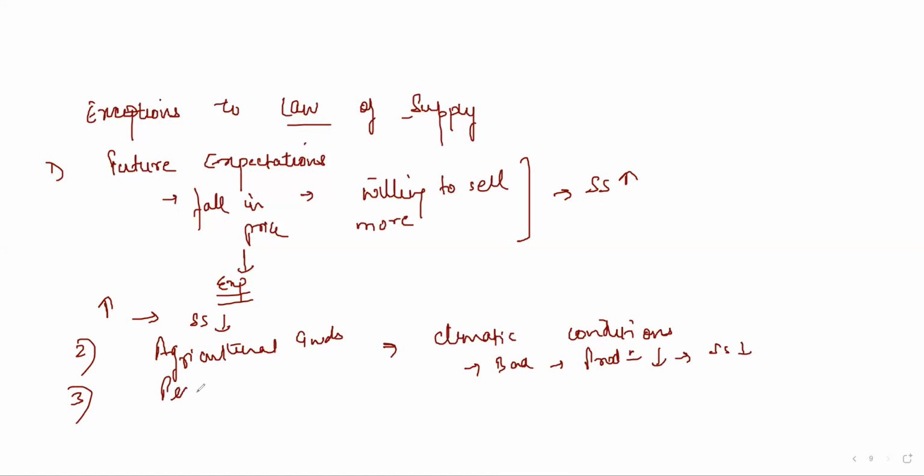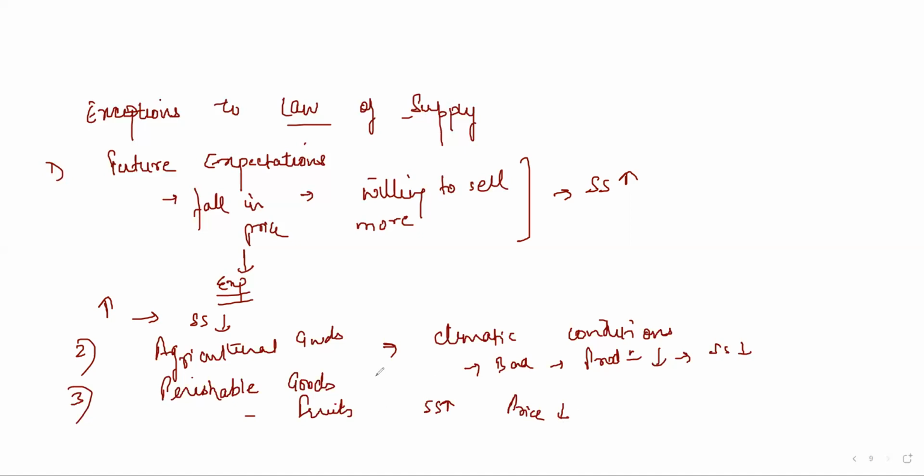Then, similarly, perishable goods. Now, what are perishable goods? Which have a very small shelf life, which can deteriorate very easily. So in case of perishable goods, like fruits or vegetables, let us say I'm a vendor and there is a weekly market and it's almost time to wind up. Maybe it's 12 at night. At that moment, I will be willing to supply more even when the price which I'm able to fetch has fallen.